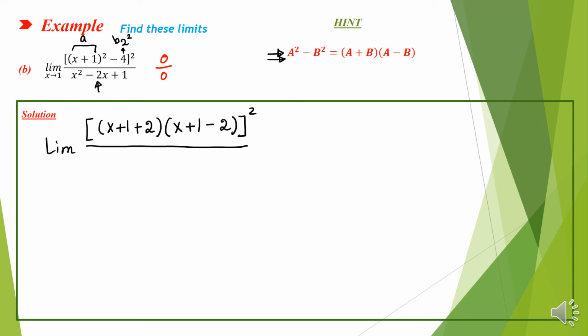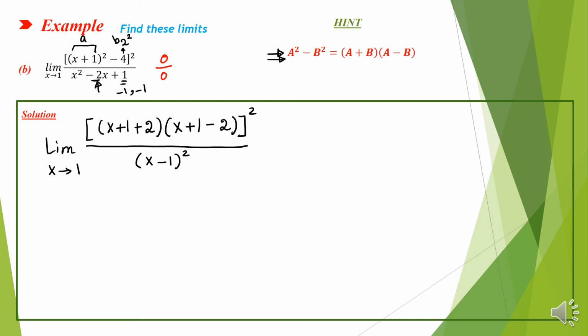In denominator you have to make factorization. So give me two numbers, the product of them equals 1 and the sum of them equals -2. These two numbers are -1 and -1. So in denominator you have (x minus 1)^2 when x goes to 1.